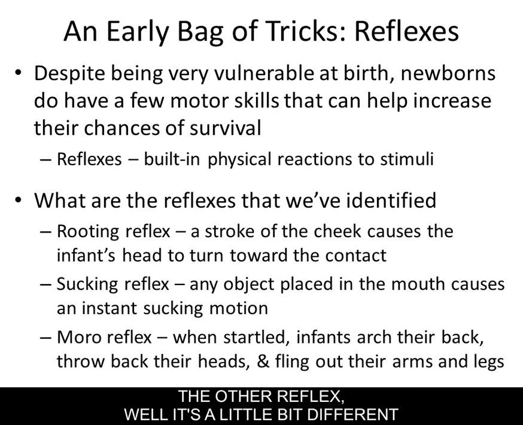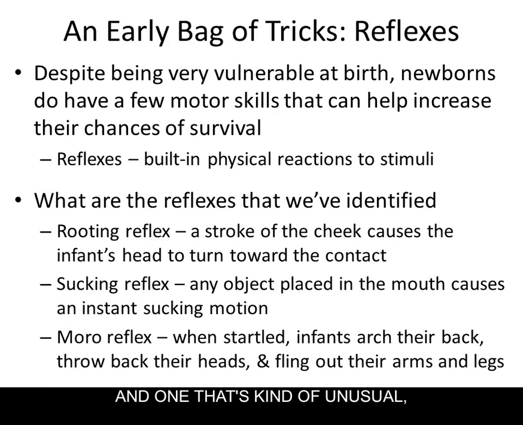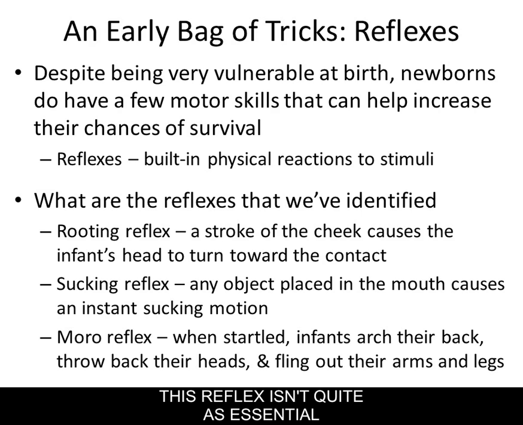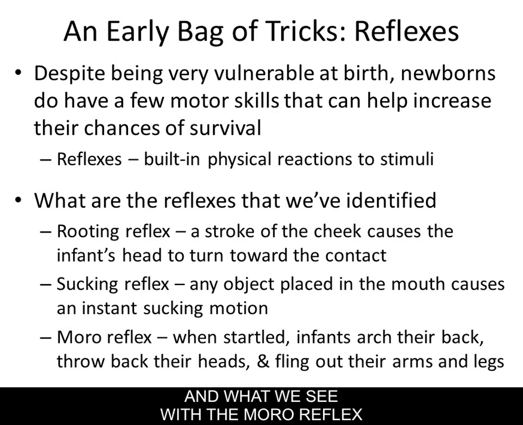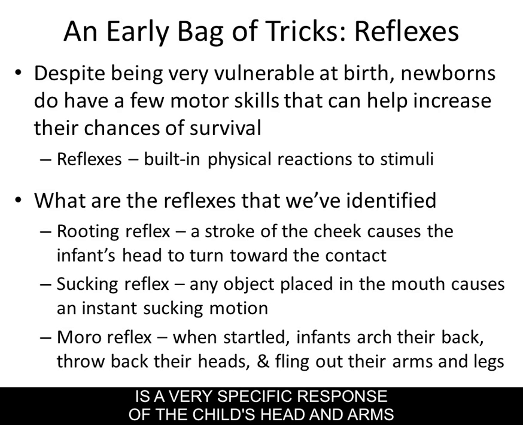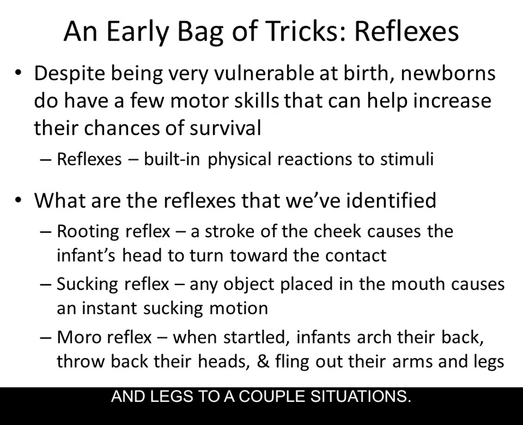The other reflex, one that's a little bit different and kind of unusual, is something called the Moro reflex. This reflex isn't quite as essential, but it did have a very important value in the past. What we see with the Moro reflex is a very specific response of the child's head, arms and legs to a couple of situations.